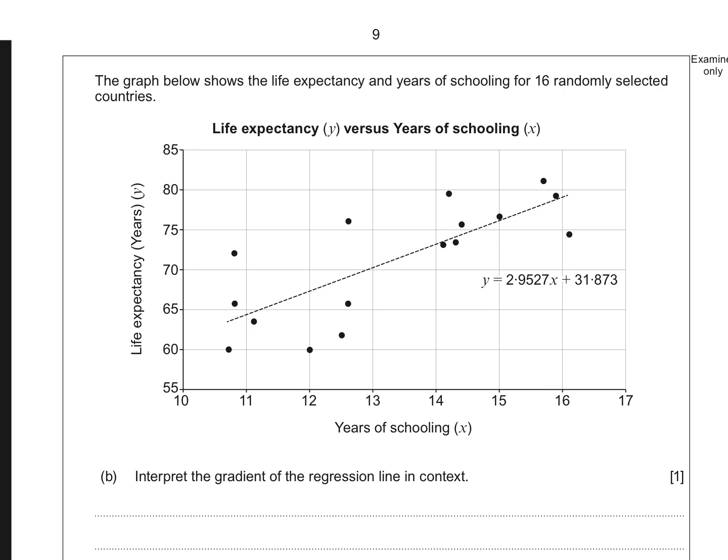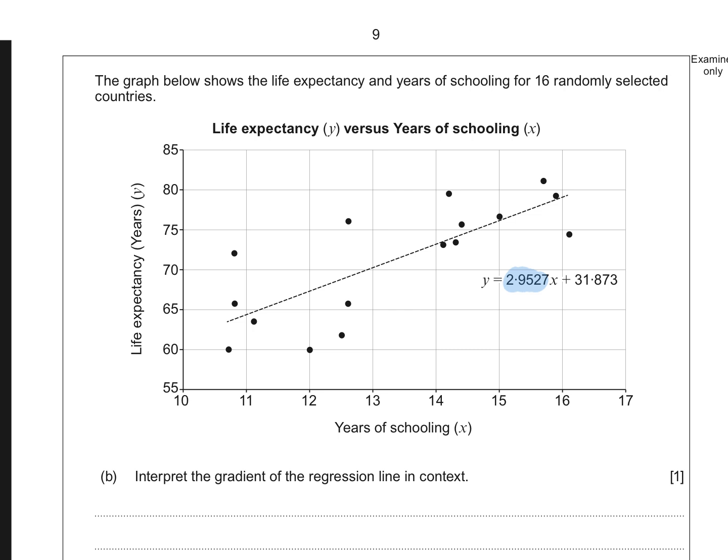Part B, interpret the gradient of the regression line. So the gradient is this bit here, okay? And what that's telling you is that for each 1 unit we move along the x-axis, which is years of schooling, there is an increase of 2.9527 on the vertical axis, which is the life expectancy.